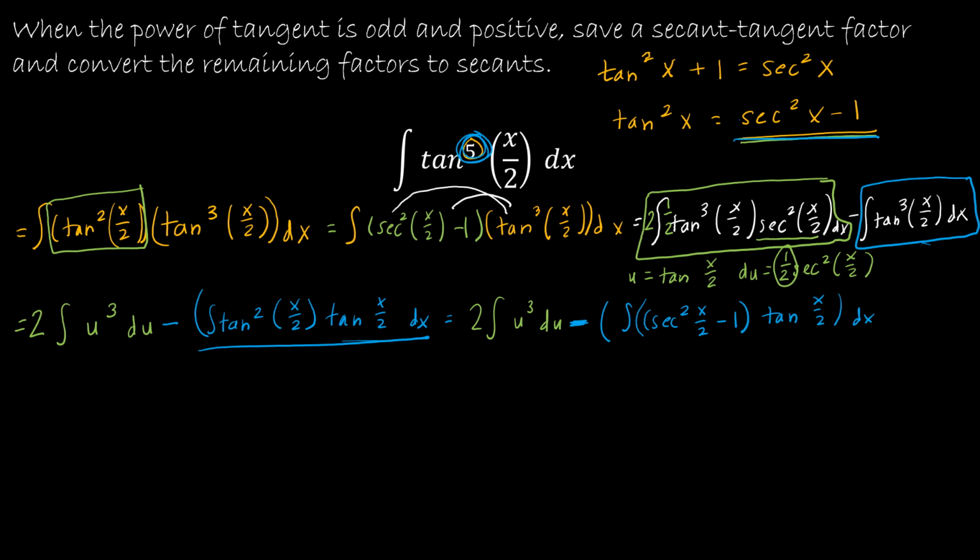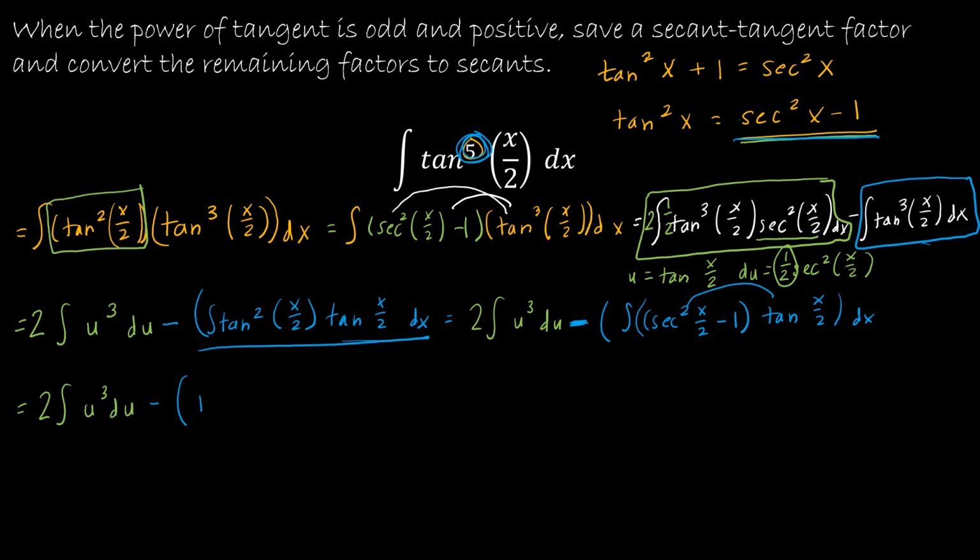So hopefully you see where I'm going with this, because it's really kind of just a repeat of exactly what I did before. So now I still have my 2 times the integral of u cubed du, and all of the stuff in blue is now minus the parentheses, and then secant squared of x over 2, tangent of x over 2.